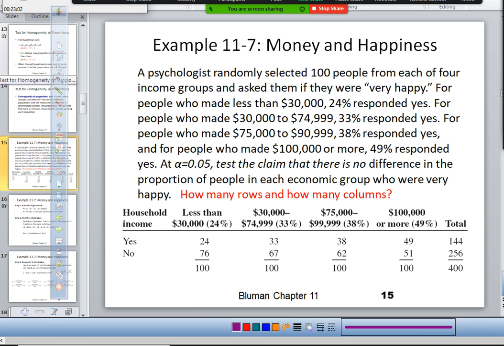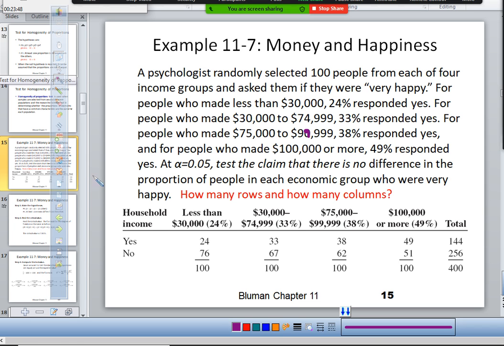For people who made $30,000 to $74,999, 33% responded yes. For people who made $75,000 to $99,999, 38% responded yes. And for people who made $100,000 or more, 49% responded yes. At alpha equals 0.05, test the claim that there is no difference in the proportion of people in each economic group who are very happy.